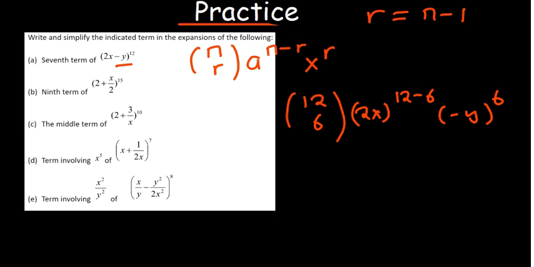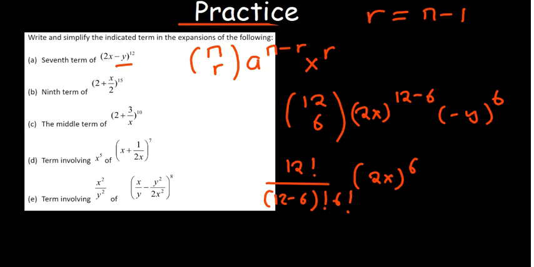So we have 12 choose 6, which on a calculator is 12 combination 6, that is 12 factorial over 12 minus 6 factorial, 6 factorial. Then you have 2x to the power 6, and then negative y to the power 6.